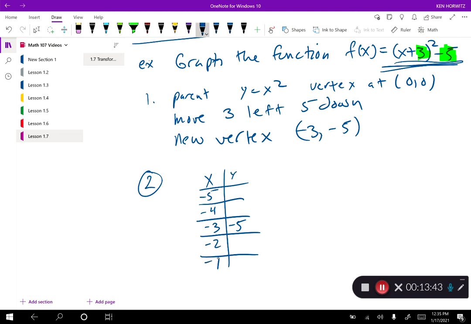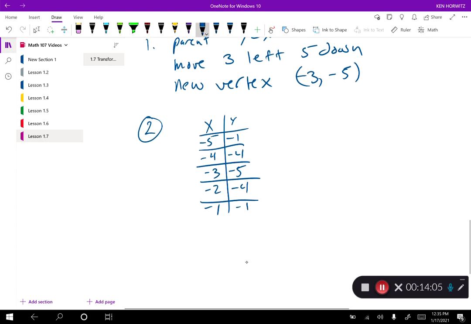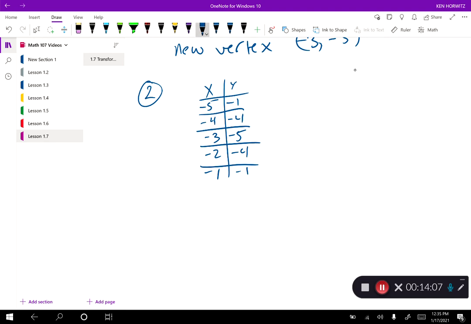And I'm going to say, as long as I got a couple of points on either side, I should get a good drawing. So I already did this, so -4. You can check my work. -2 is -4. -1. And then we could sketch a quick graph.